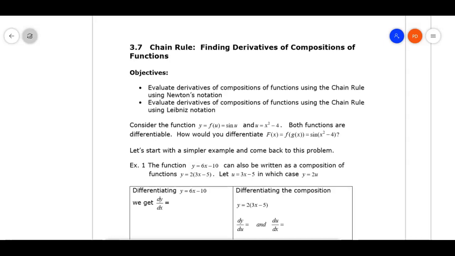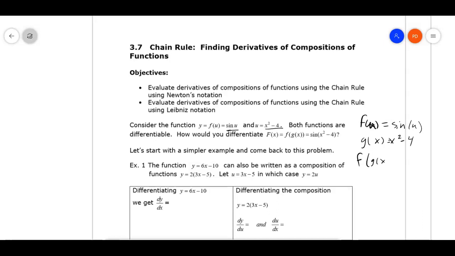So consider the function, some function of u is the sine of u, and u is x squared minus 4. So you've got this function here, sine of u, and you've got x squared minus 4. So if f of u is sine of u, and g of x is x squared minus 4, if you go back to your pre-calc, you know that the composition of functions f of g of x, or sorry, this should be f of u.